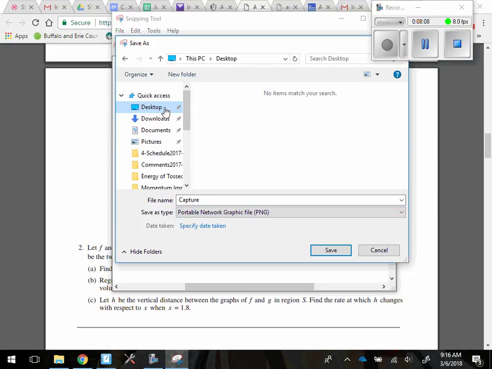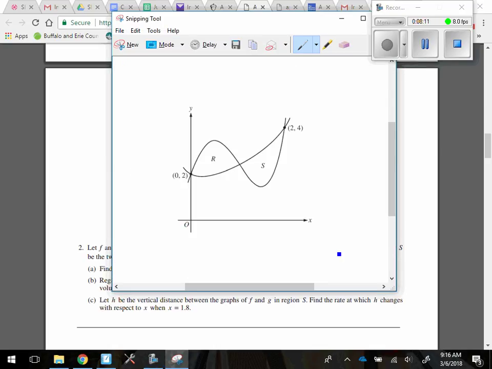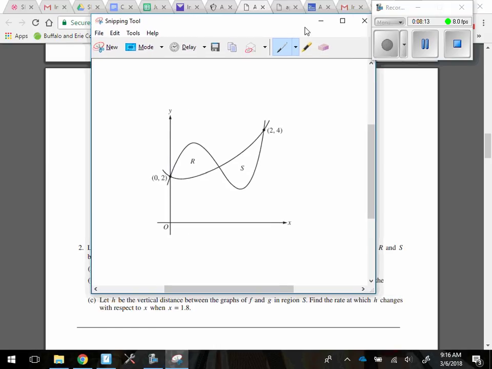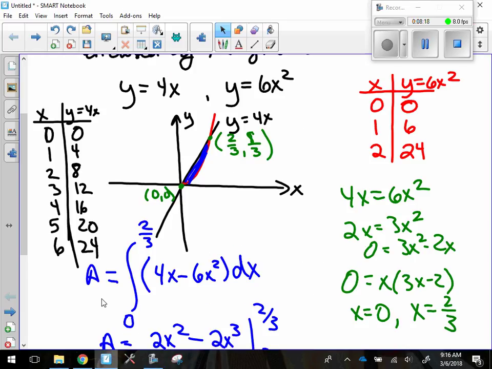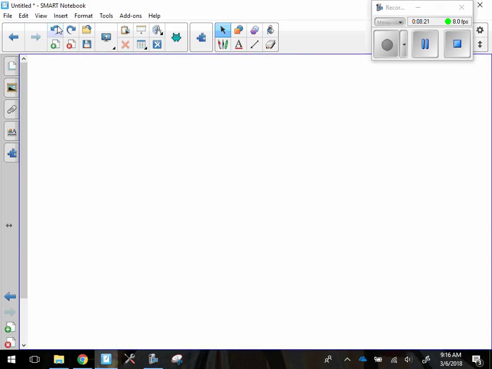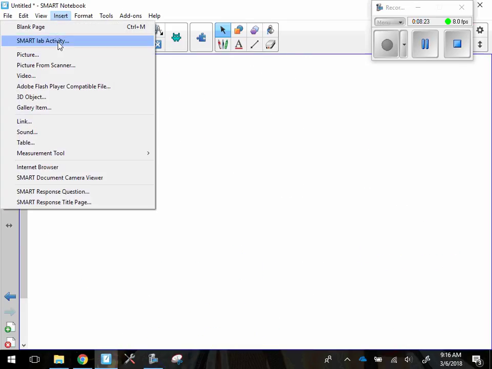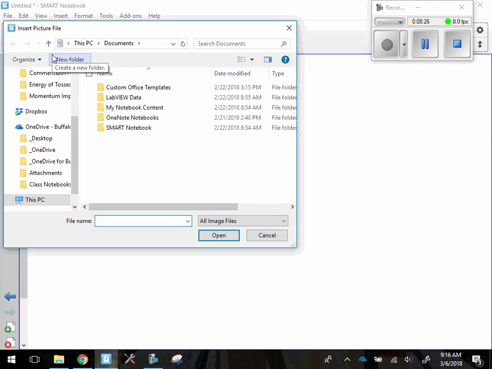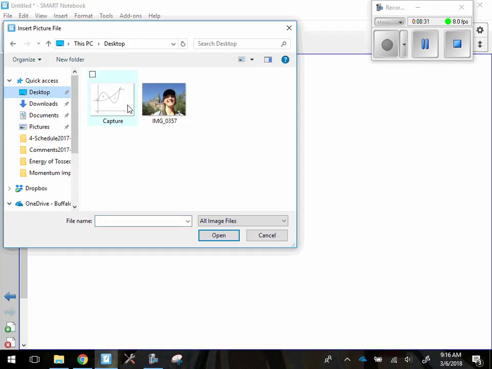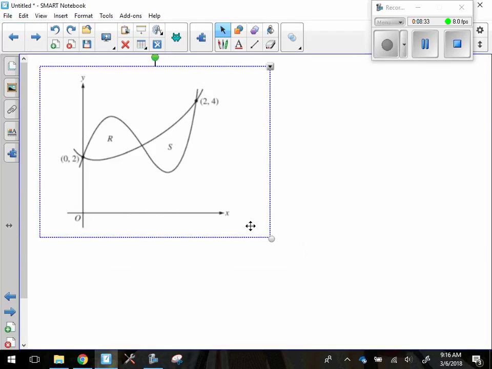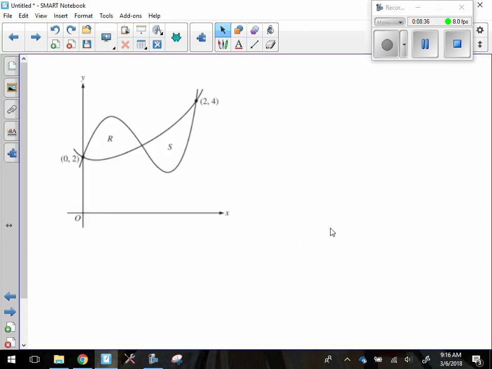Yeah, that's what I would do. Is that what you want, the picture? Then there's the picture. I told you to find the area of R and the area of S and add them together, and I wrote the functions over there.